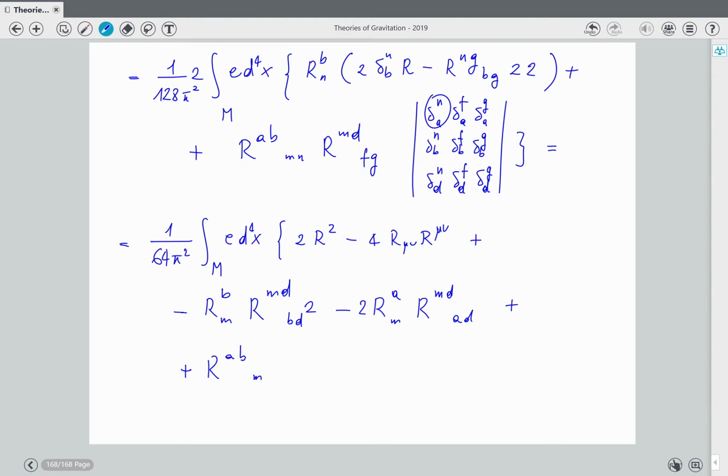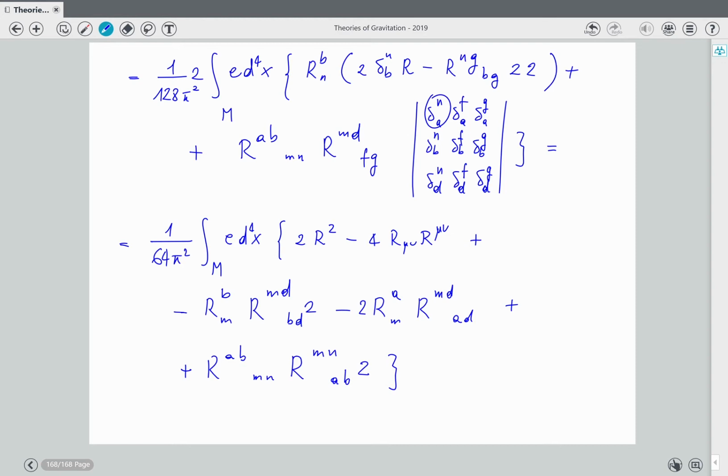AB MN delta ND MN, okay, delta ND, delta FA delta GB minus delta GA delta FB, again this will give a factor 2, and delta FA delta GB. F is A and G is B. And that is Riemann squared, you see.